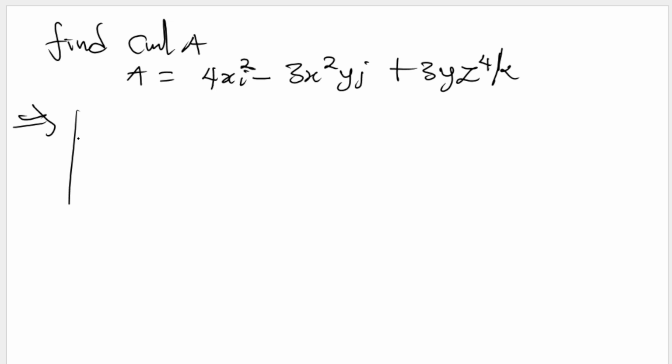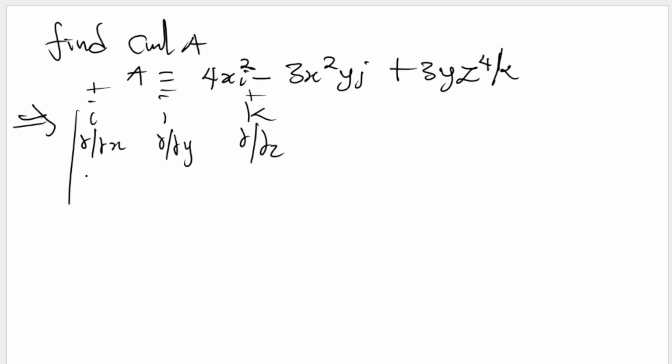You assign your symbols: plus, minus, and plus. Now, on the i column, you simply have partial x, here you have partial y, and here you have partial z.